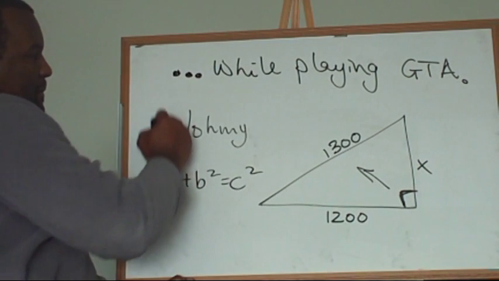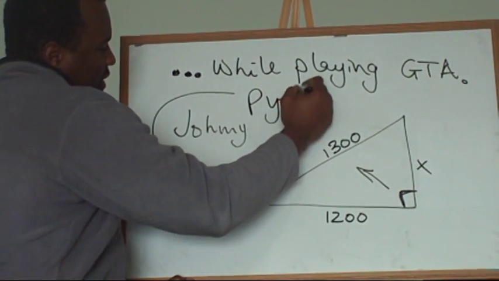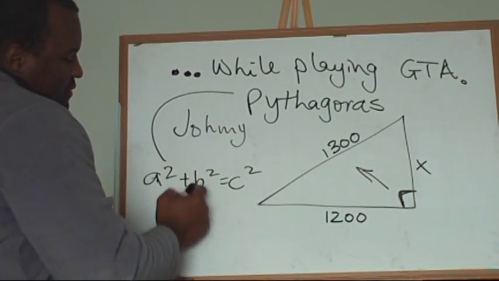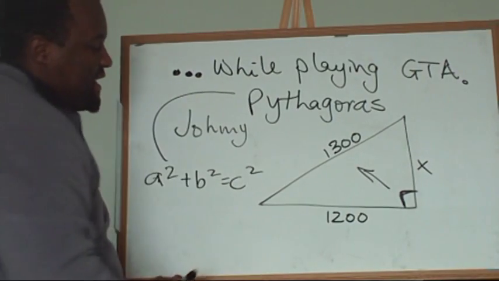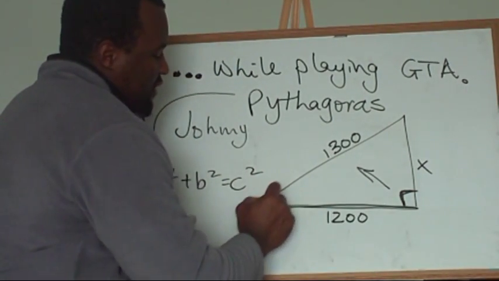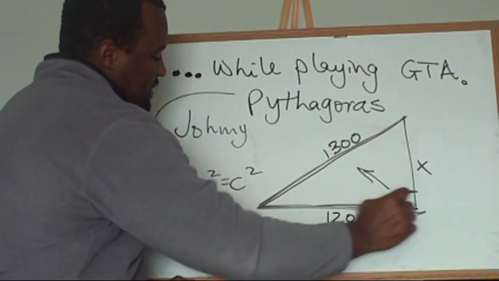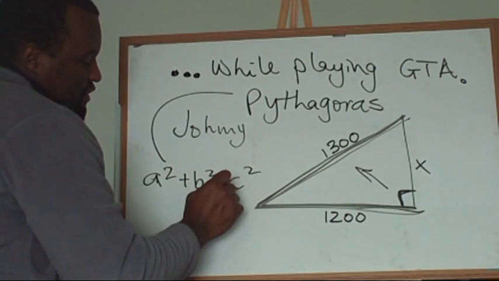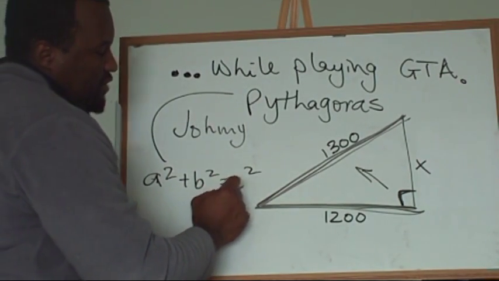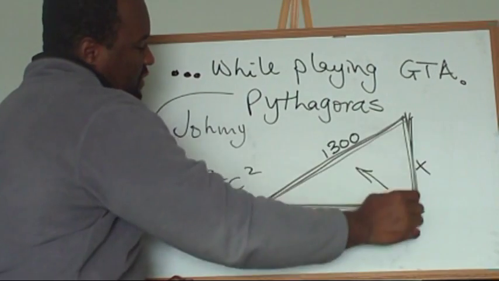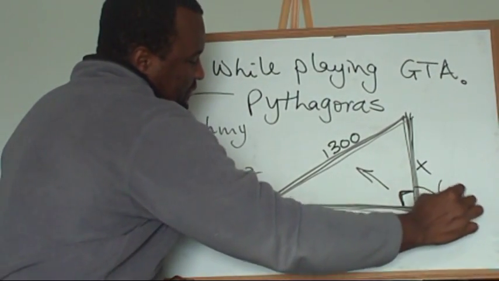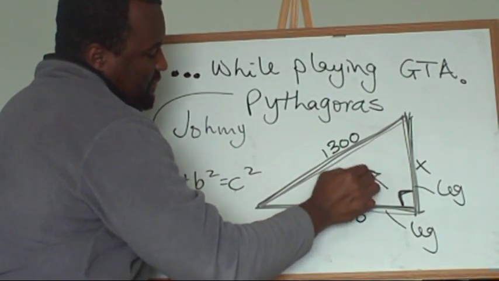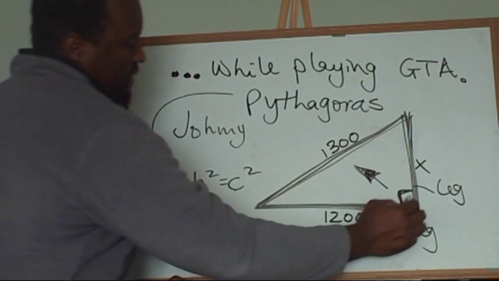Pythagoras theorem: a squared plus b squared equals c squared, which basically states that for a right angle triangle, the length of the legs squared and added together is equal to the square of the hypotenuse. And by the way, that's a leg. Don't get it twisted. This is the hypotenuse, the side across from the 90-degree angle.